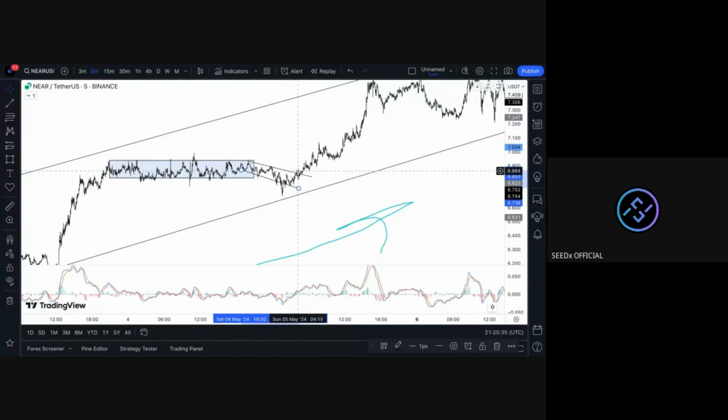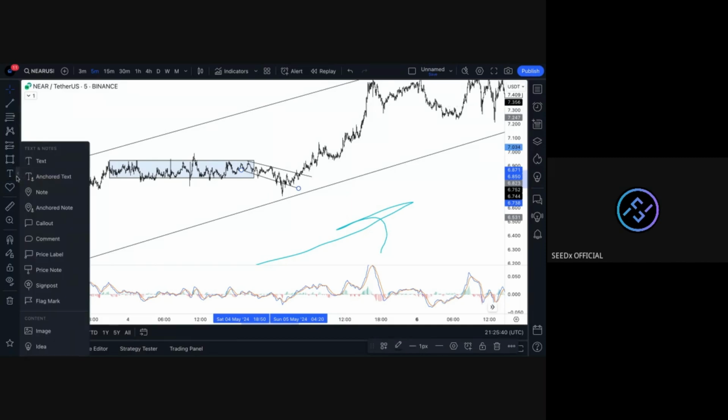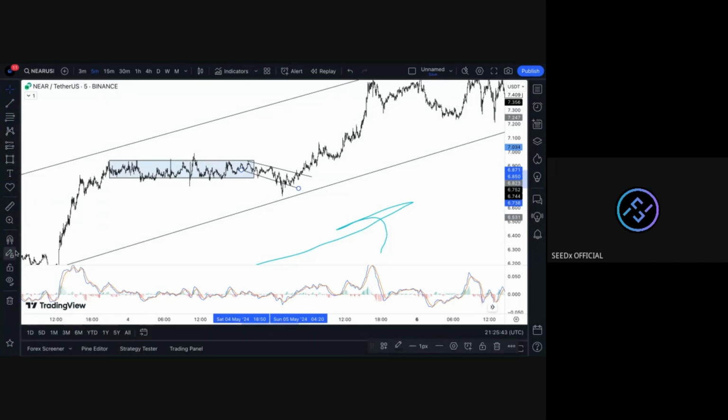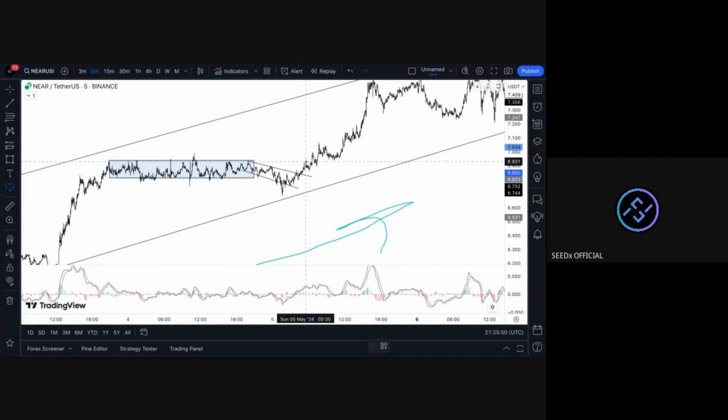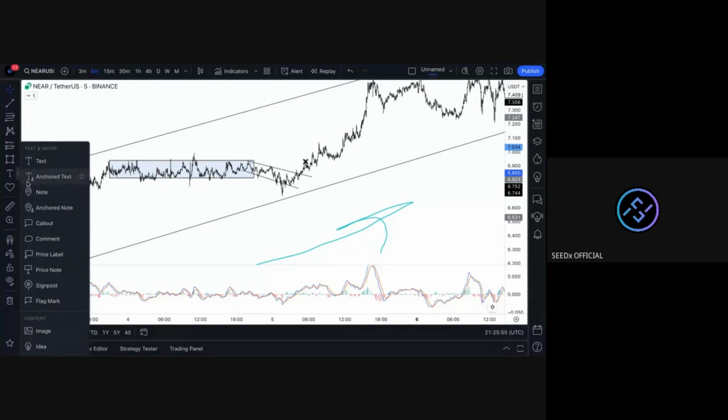Now, as it was going up, it started forming higher highs. Let me see if I can mark it. Okay, let me just mark it with some X. It started forming higher highs up here.